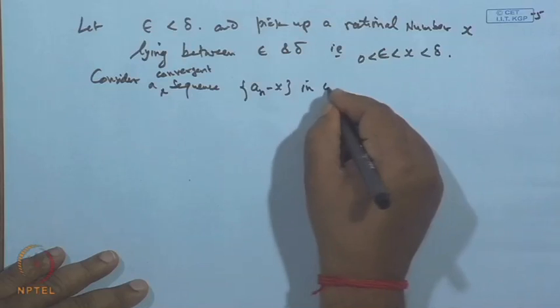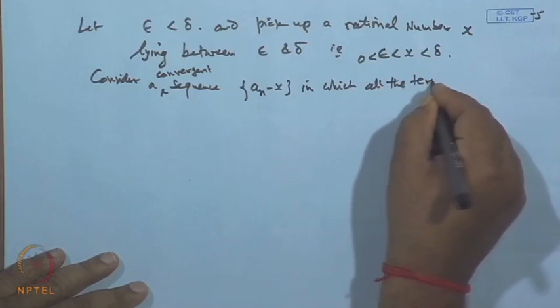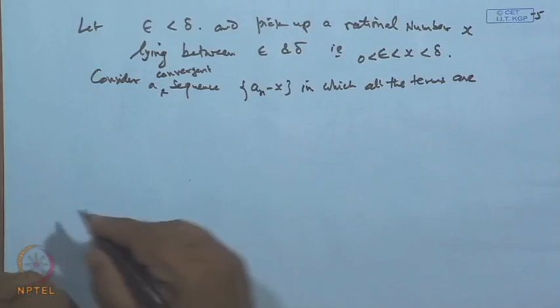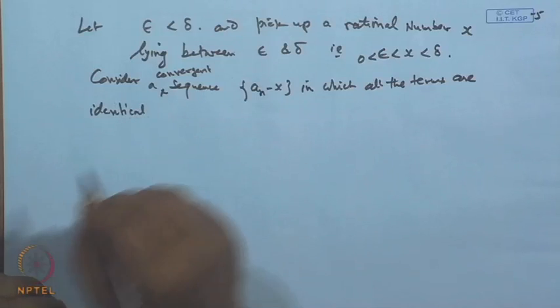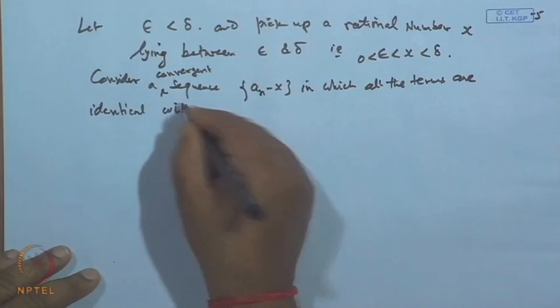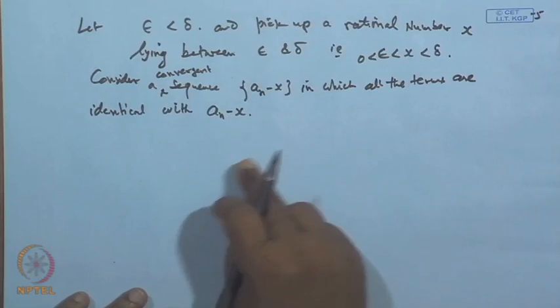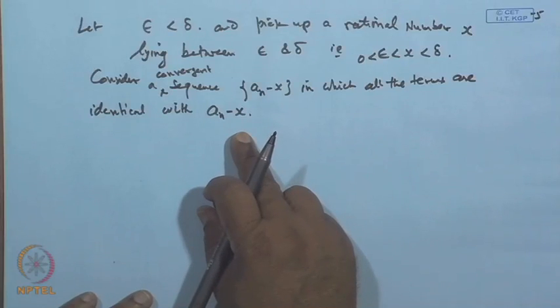in which all the terms are identical with a_n minus x. a_n is a rational number, and x I am choosing to be also a rational number. So, a_n minus x is a rational number.